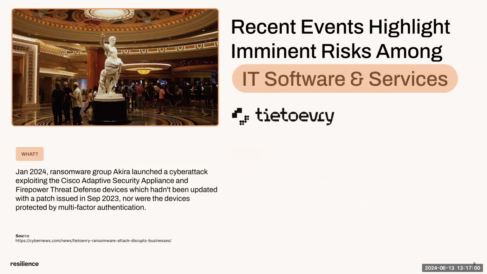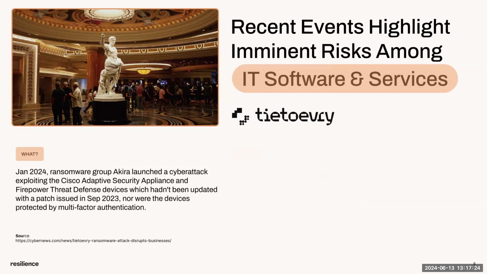One of the other recent events that occurred in Europe, of course, was with, and I apologize if I mispronounce this to our Finnish attendees, Tieto Evry, which is a Finnish company, but it had a Swedish server that served a large amount of the Swedish infrastructure.